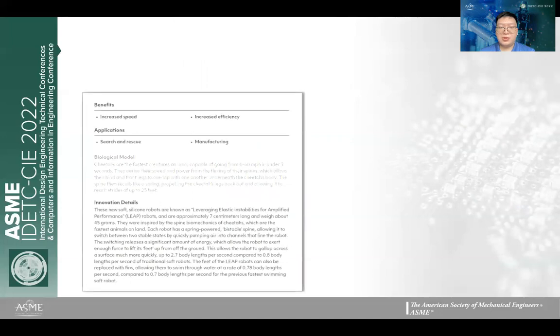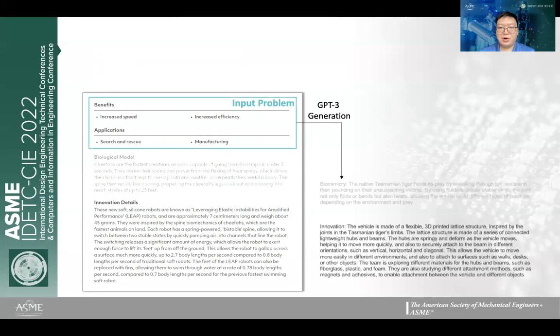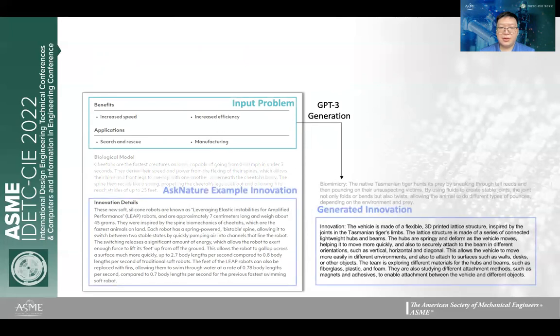To assess the model's capability of generating novel and diverse design concepts, we use the problem domains of 3 samples from Ask Nature. We use them to generate 50 concepts for each problem with our generator. Then we compare the output innovation with the Ask Nature's ground truth innovation, measuring their word mover's distance.